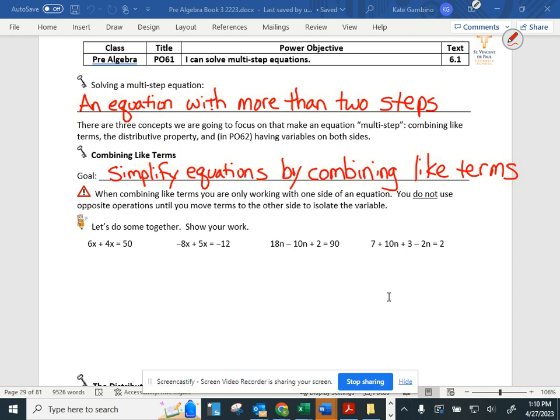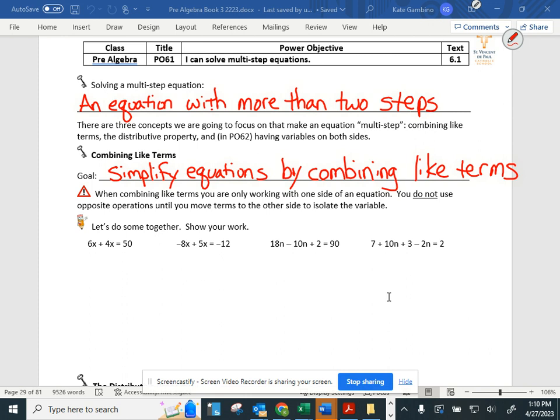Okay. So when combining like terms, you are only working with one side of an equation. You do not use opposite operations until you move terms to the other side to isolate the variable. So the first step we do is we do the combining of like terms on each side of the equation.